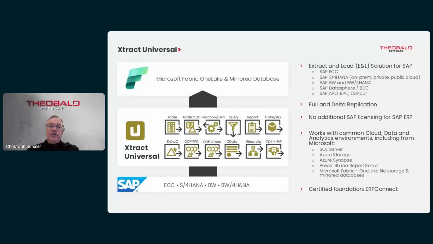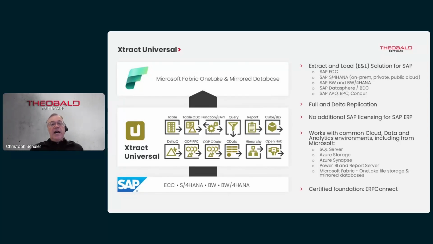Now, Xtract Universal has a collection of what we call extractors or extraction types. You see them in the middle of this diagram. There's a total of 12 at the moment. And I already touched on the ODP restriction a little bit. You see we have one component here. It's called ODP RFC. This is actually the interface that SAP has restricted.